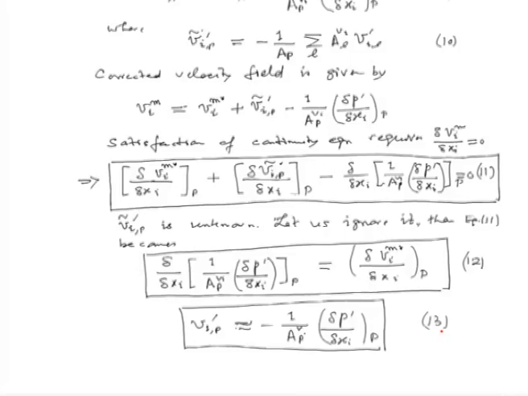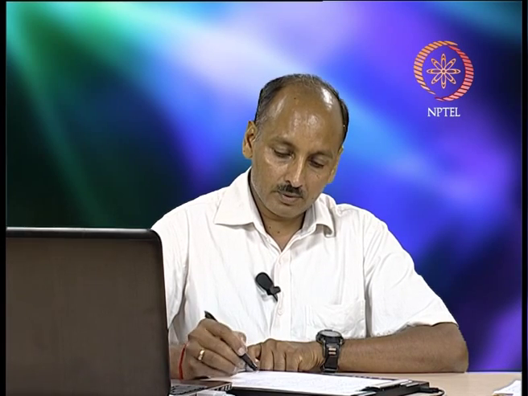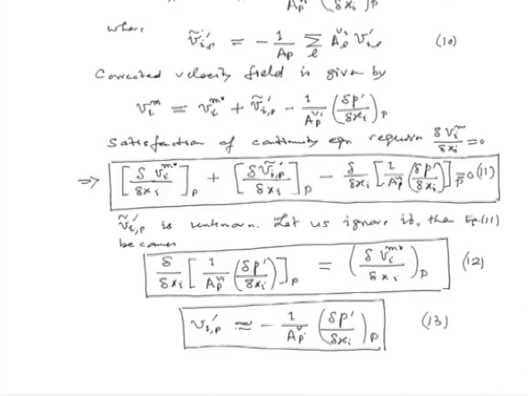So, now we have got an algorithm wherein we first obtain the intermediate velocity field V_i^m star, use that to obtain a pressure Poisson equation, and solve this pressure Poisson equation to get P prime. Once we have this pressure correction field, we get the velocity corrections added to the velocity value, and we get the updated pressure value.